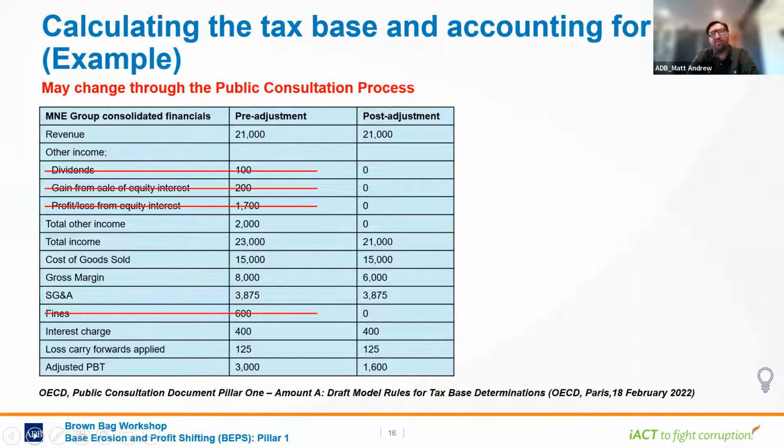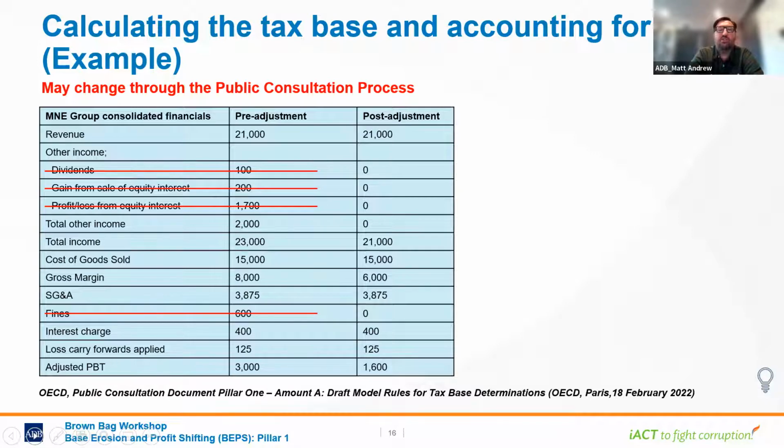As you can see, this is an example of the adjustments that I talked about. In this example, you can see that there are certain items which will need to be excluded for the post-adjustment on the right-hand side. That includes dividends, gains from the sale of equity interests, for example, or profit and loss from equity interests, which are excluded from the calculation of profits, as are fines as well.